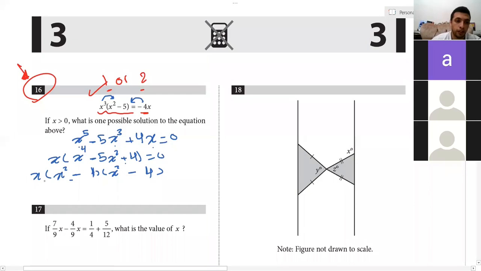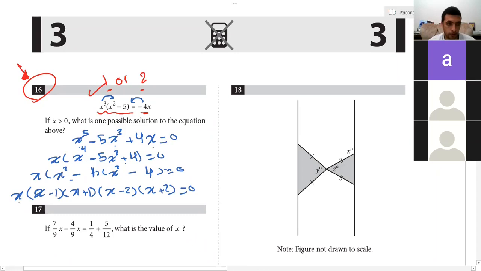We are about done. It equals 0. So x first, and then we factorize the first bracket: x minus 1, x plus 1, and the second bracket: x minus 2, x plus 2, equals 0.